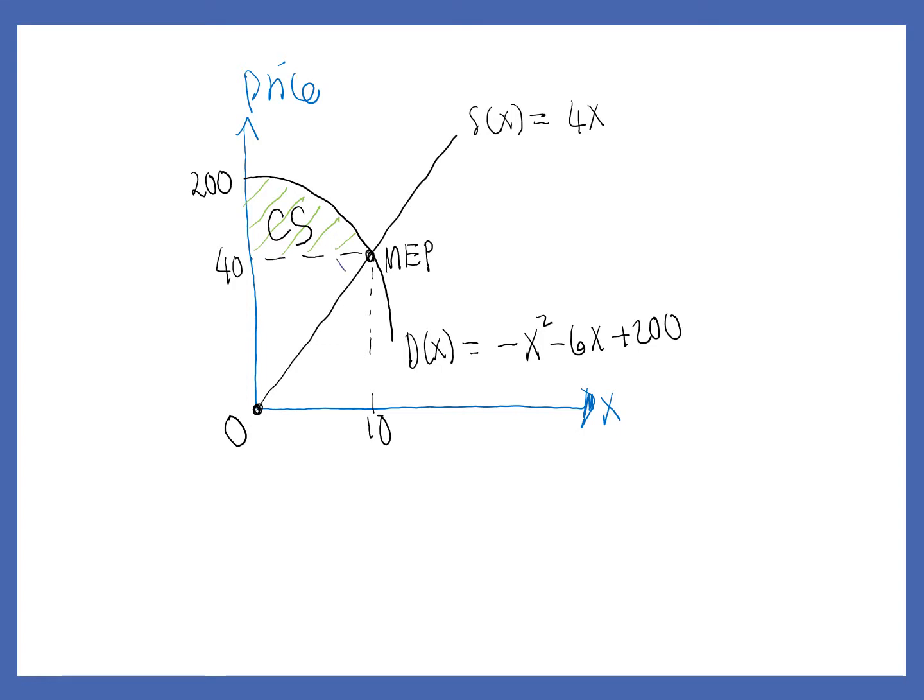And then the purple color here represents producer surplus, right? And then we go to the next question, which is we want to find the consumer surplus and producer surplus.